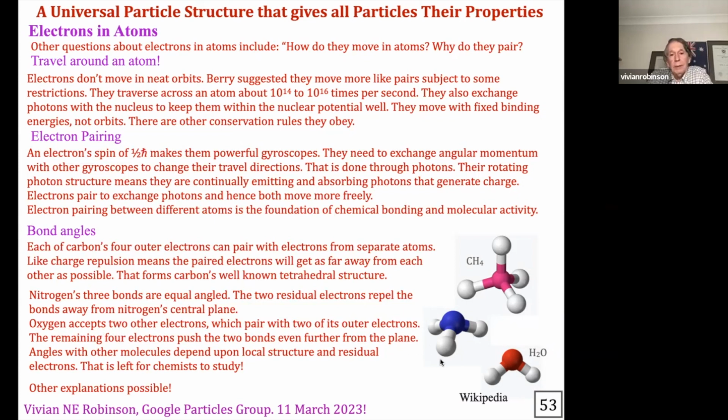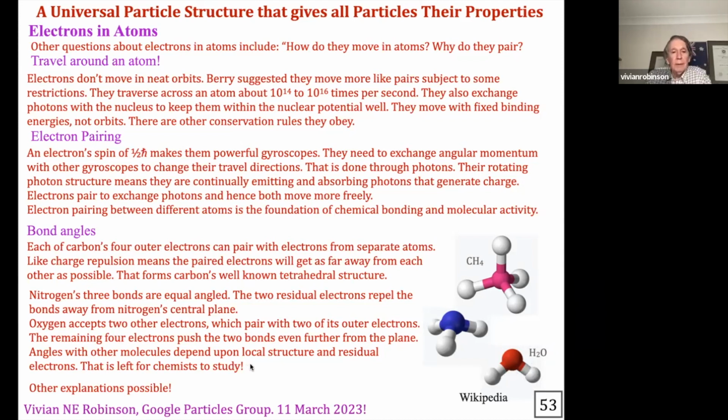With oxygen, you have just two electrons that will pair with two electrons from, say, hydrogen. The bonds will be as far away from each other as possible, so they're 180 degrees opposite. You have four electrons on the top, and those four then push the bond angles down. I think these are pushed down by about 10 degrees, and these are pushed down by about 30, 35 degrees, somewhere around there.